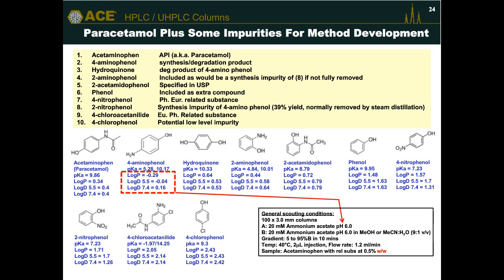It's not helpful for us to have analytes eluting on the solvent front, and conversely, it's not useful to have analytes stuck on the column. We need to see everything so we can integrate it and quantify it. So this is a good example, whereas ordinarily we always use acidic mobile phase, which is normally ammonium formate at pH 3. In this example, we're using ammonium acetate at pH 6.